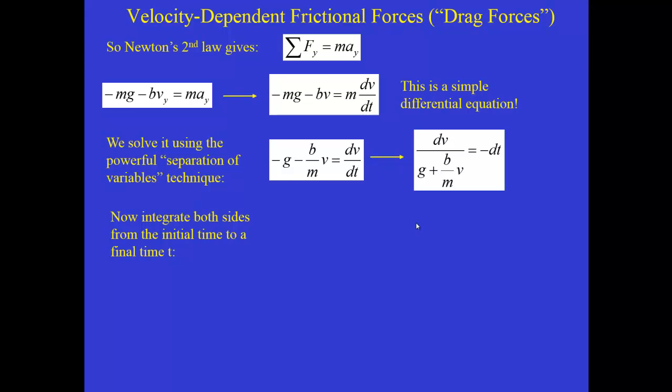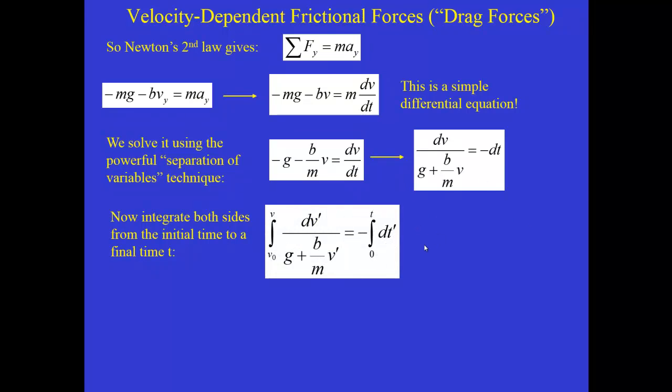In this case, I'm integrating the right-hand side from an initial time, t equals 0, to a final time. So t equals 0 is when the ball begins to move upward at a speed v0, whatever its initial speed is, so that on the left-hand side, we integrate from whatever value the velocity had at time t0, and we'll call that v0, to whatever value it has at time t, and we'll call that v.